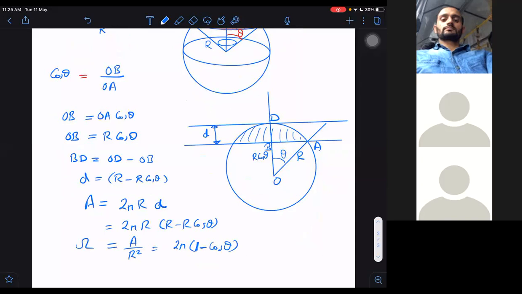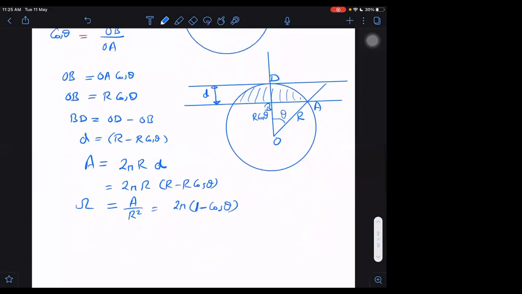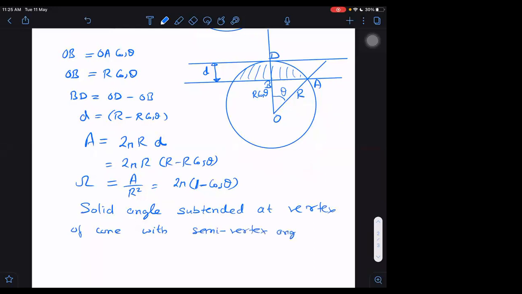This is the solid angle subtended at the vertex of the cone with semi vertex angle given as theta.